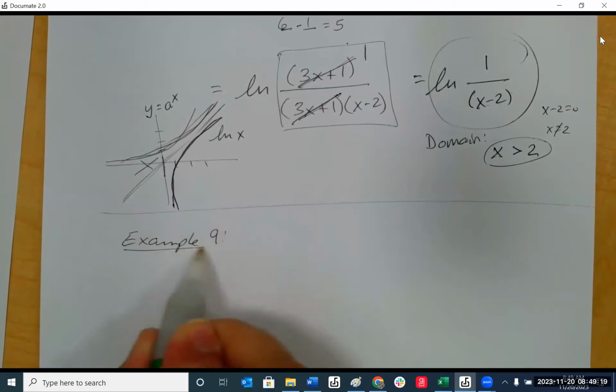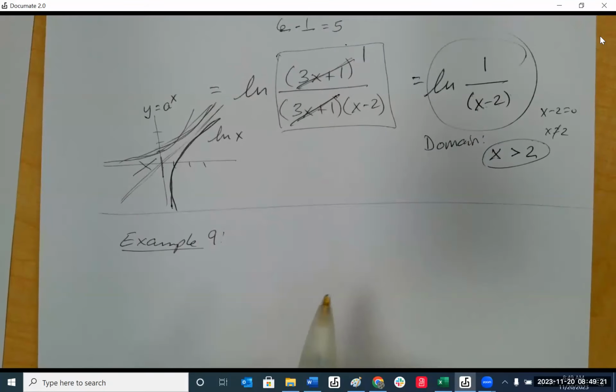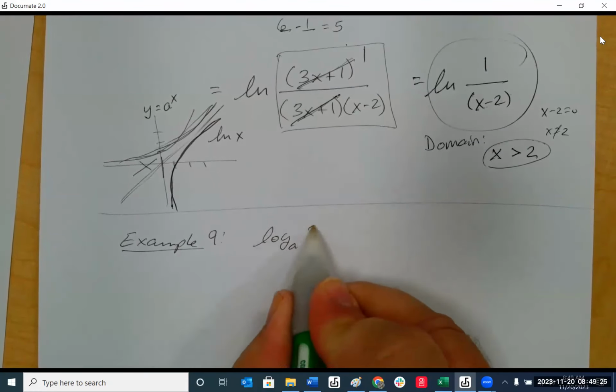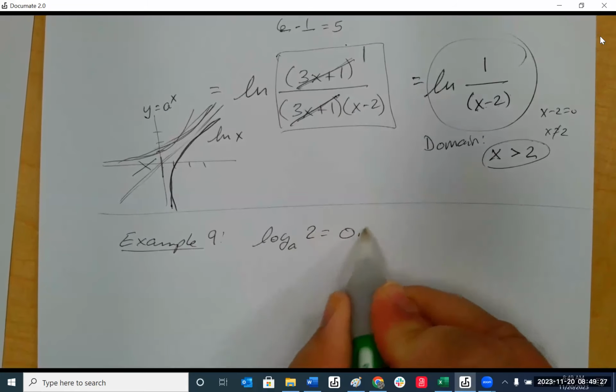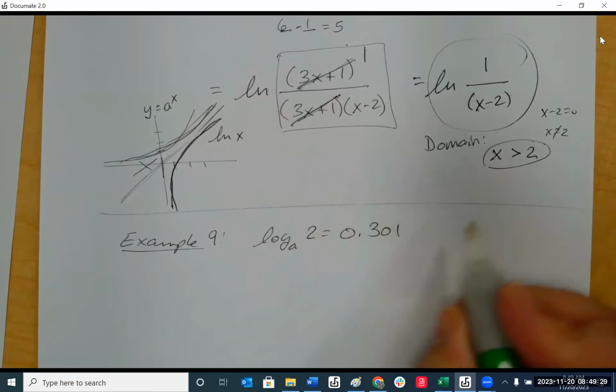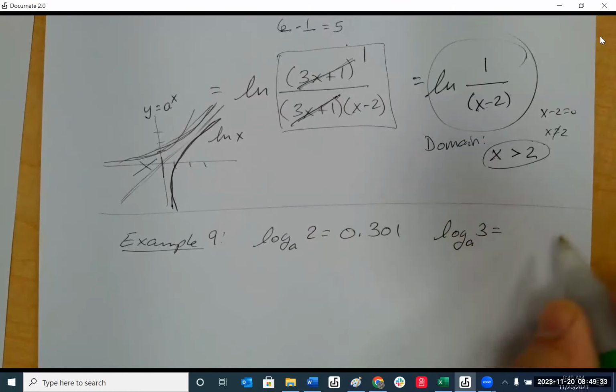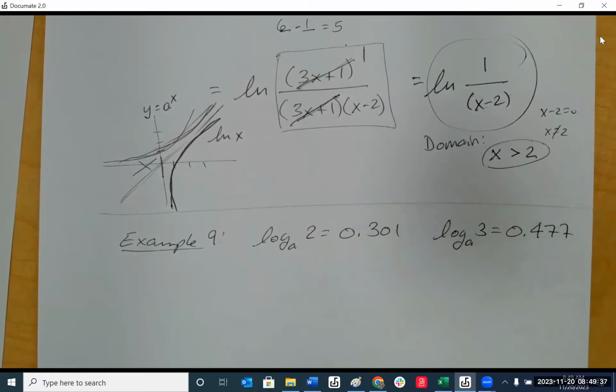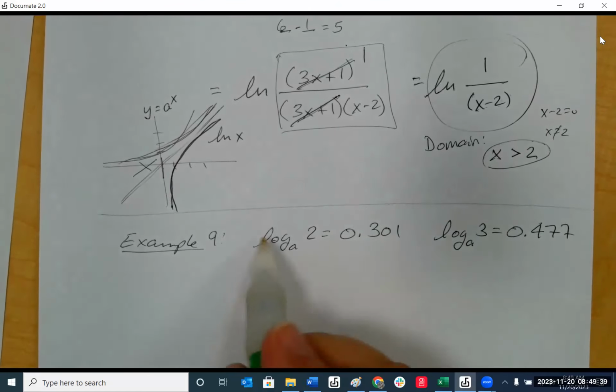Example 9. We're going to say that log base a of 2 is equal to 0.301, and log base a of 3 is 0.477. We're defining those.